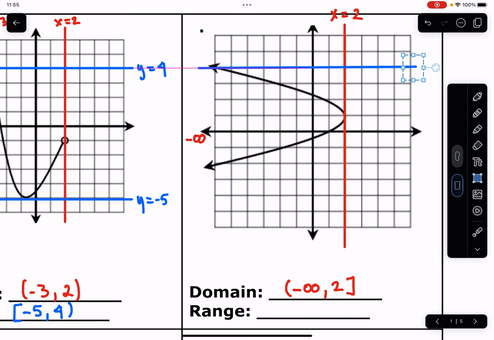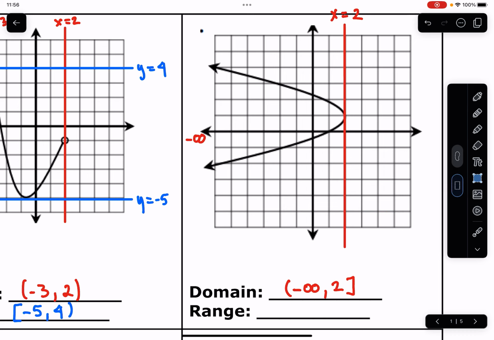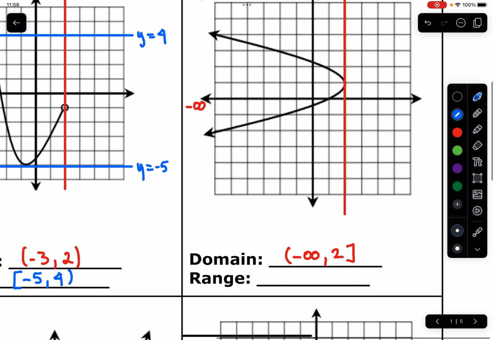Even though it's pointing towards the left, it is still pointing upwards. So the graph is still going to move upwards. So there is no upper boundary and there is no lower boundary. And because there are no boundaries, that means that the range of this thing is going to be all the real numbers, from negative infinity to positive infinity.